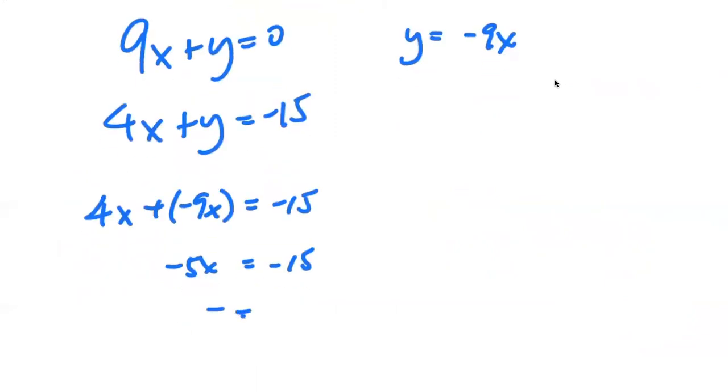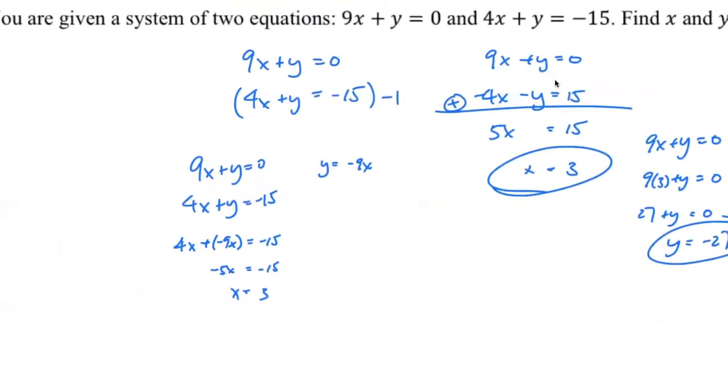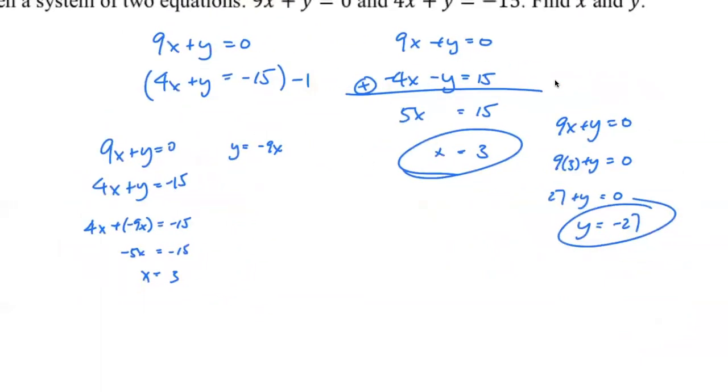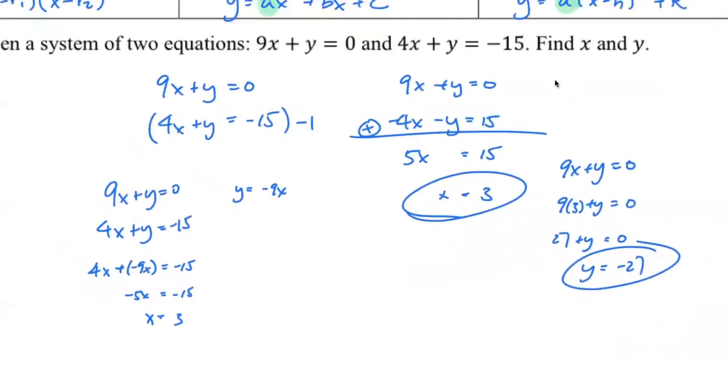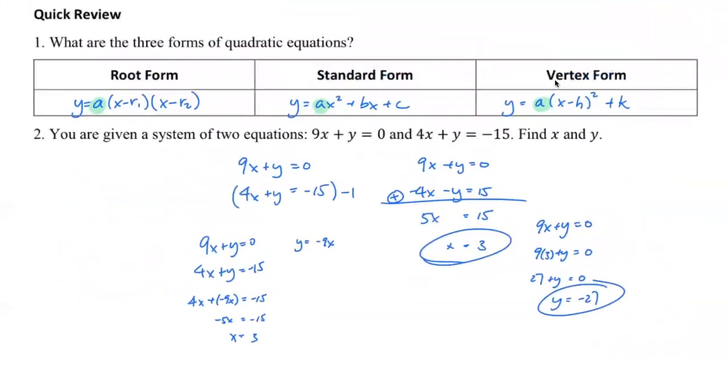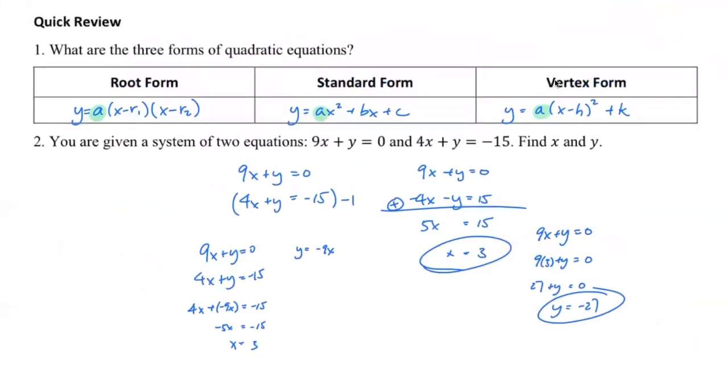So x is still equal to 3, and then you substitute and you can get y equals -27 the same way. Okay, so we might encounter situations like this. It's always a good thing that you know how to do systems of equations.